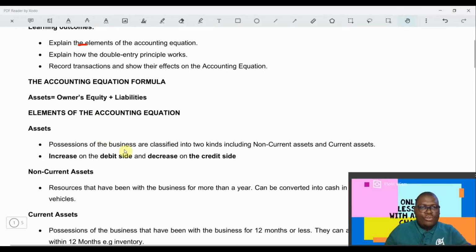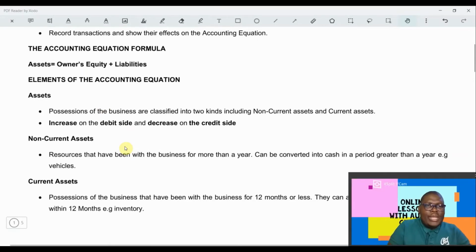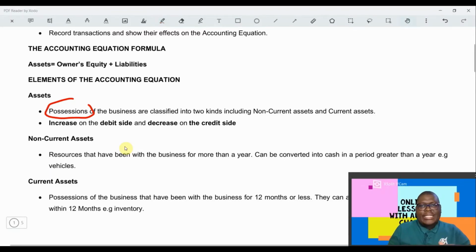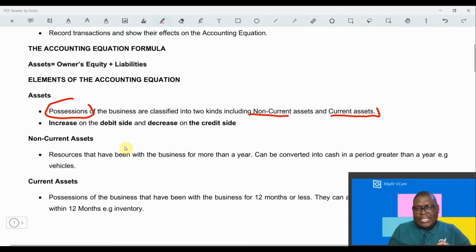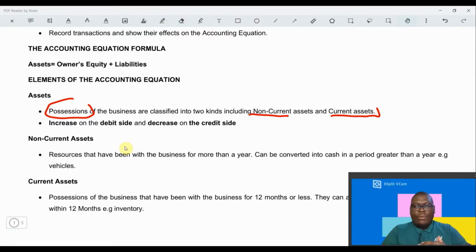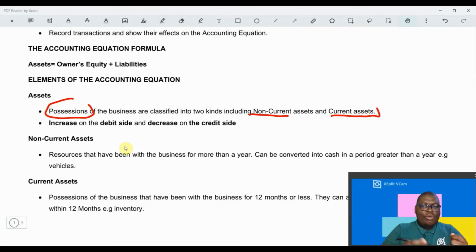For now, what we need to know is that assets are the possessions of the business, divided into two categories, non-current and current assets. You need to be able to explain these concepts, have an idea of how they work in a business sense, and also know where these assets increase or decrease.